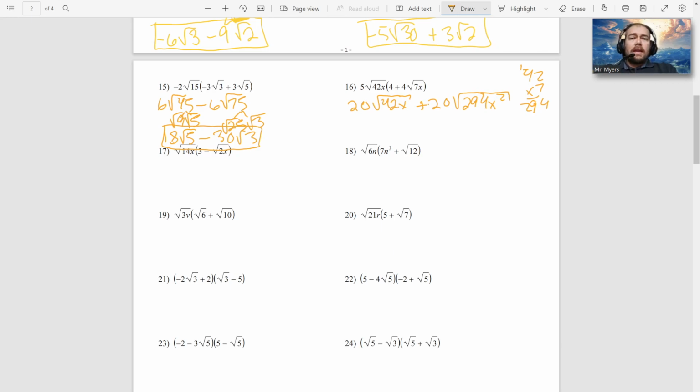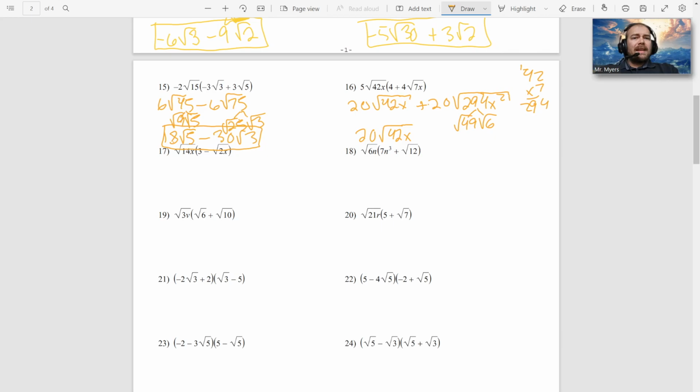Yeah. So that doesn't simplify, actually. But 294, there's no way that doesn't simplify, right? And actually, if you look at 42, 42 is 7 times 6, and that's a 7, so I know that's going to be 49 times 6. It's a little shortcut. And then that's an x squared, so an x is going to come out of that. So this would be 20 square root of 42x.